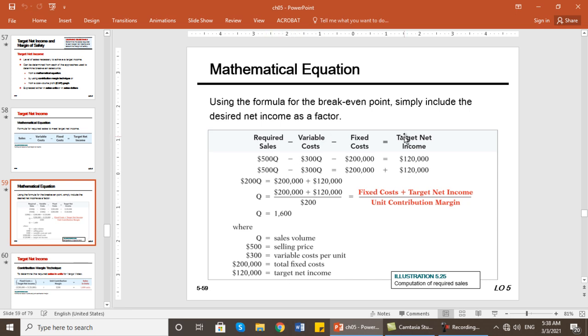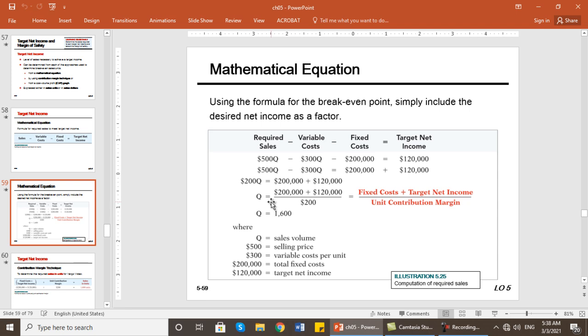Here's the equation: required sales 500 times Q less variable cost 300 times Q less fixed cost 200,000 equal target net income 120,000. So Q will be 1,600 units.